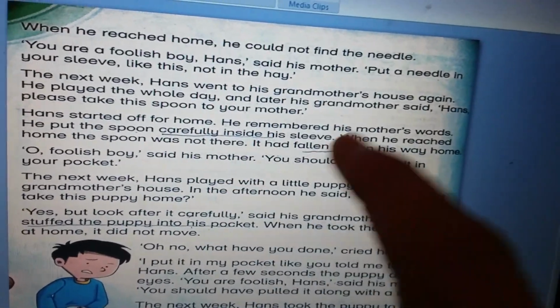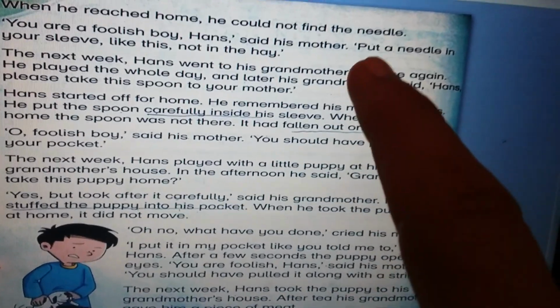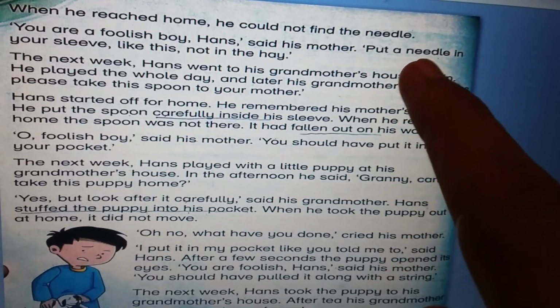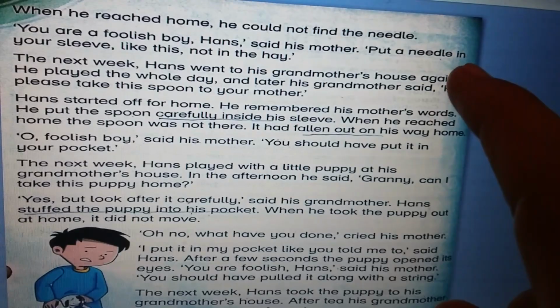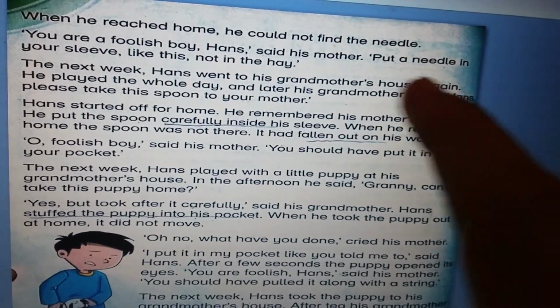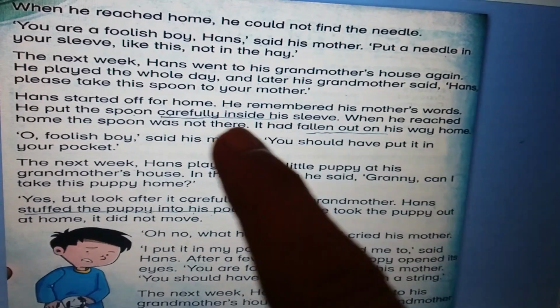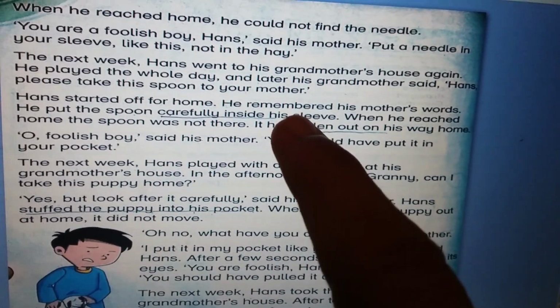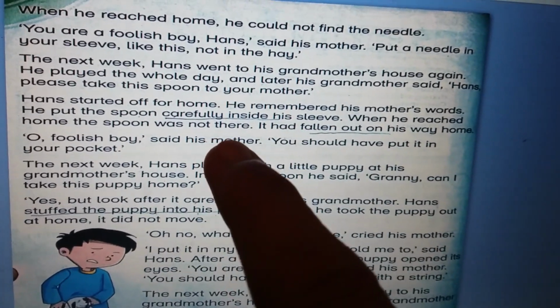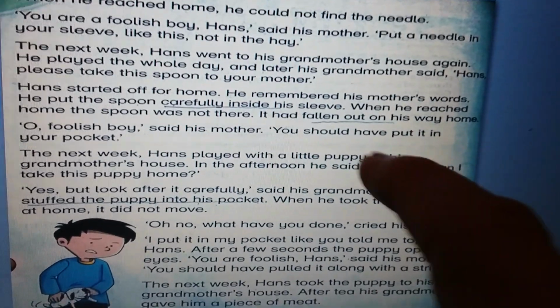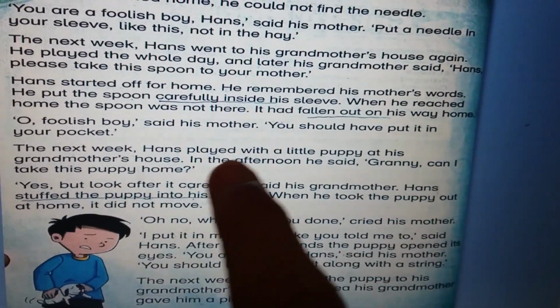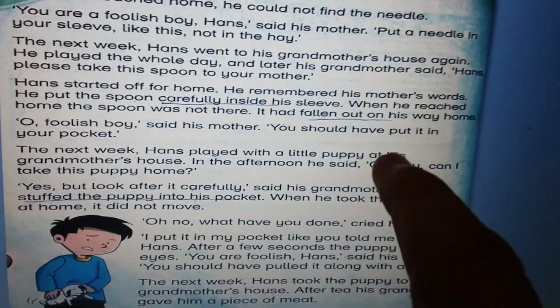He lost his spoon. Where did he put the needle? In the hay. Did he find it? No. Where did he put the spoon? In the sleeve. Did he find it? No.